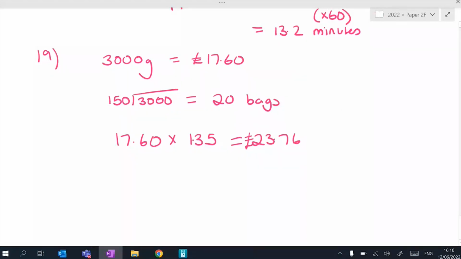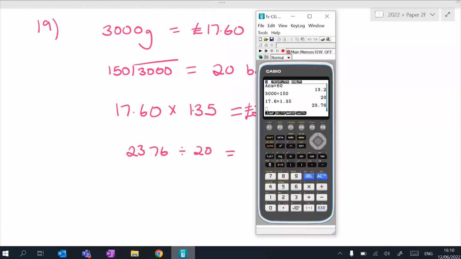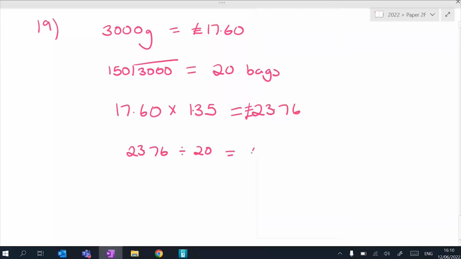Okay, so basically out of her 20 bags, she needs to make £23.76. So if we divide that by 20, that's the price she needs to charge per bag. So obviously you can't have 1.188, so we're going to make that £1.19.